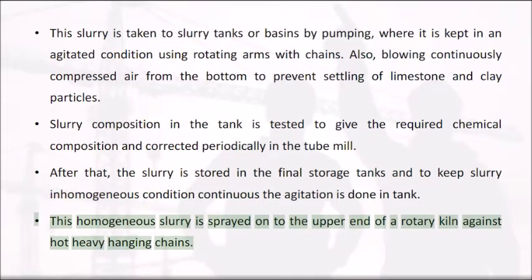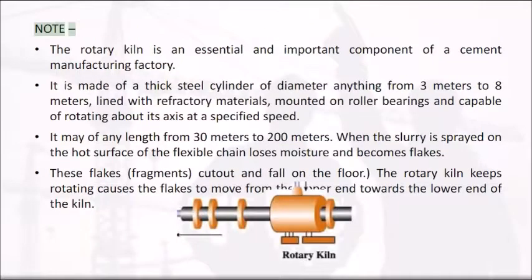This homogeneous slurry is sprayed onto the upper end of a rotary kiln against hot heavy hanging chains. Note: the rotary kiln is an essential and important component of a cement manufacturing factory.